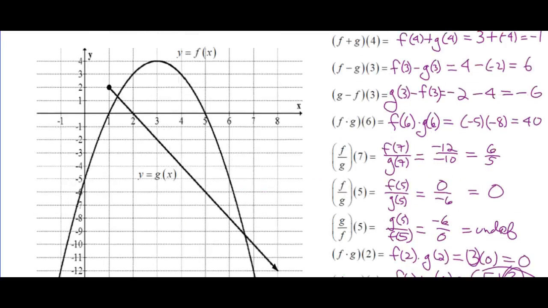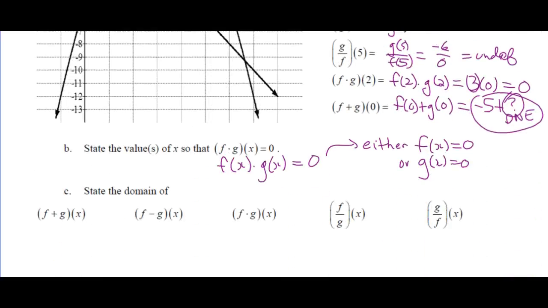What makes f of x 0? 1 and 5. And what makes g of x 0? 2. So the values of x are 1, 2, 5.